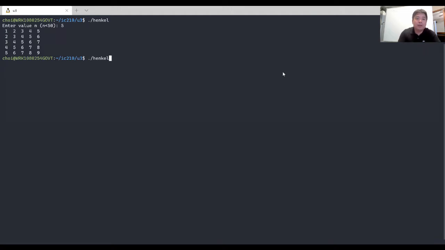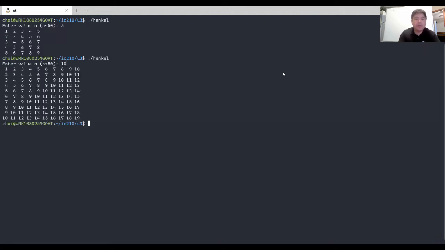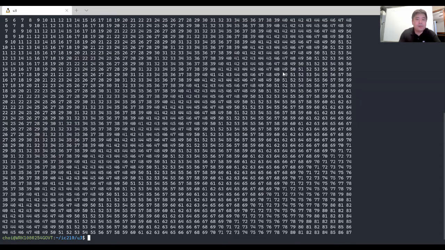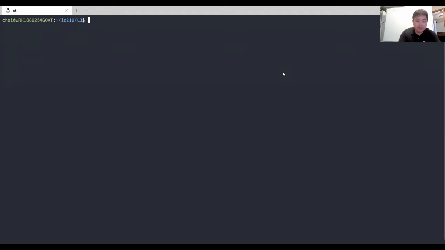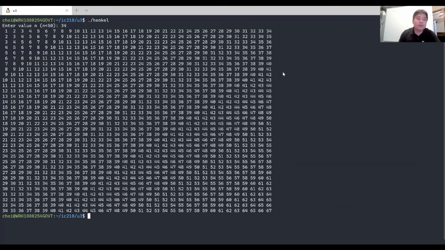If you type a different number, like 34, it prints out 1 to 34, 2 to 35, and the last line is 34 to 67. Incremental 1 by 1, by column, by row. Okay. So how would you write a program for this?